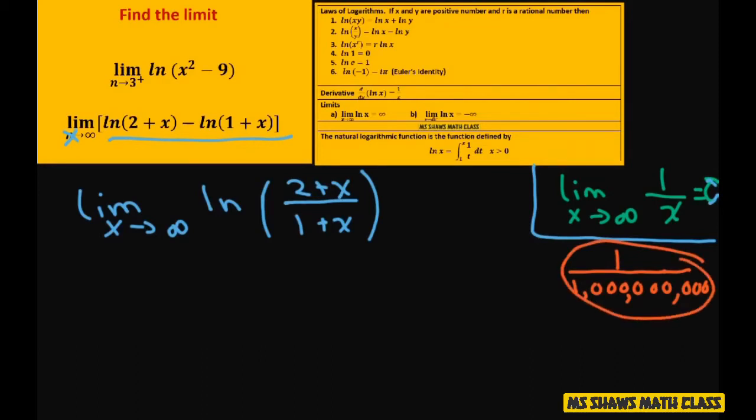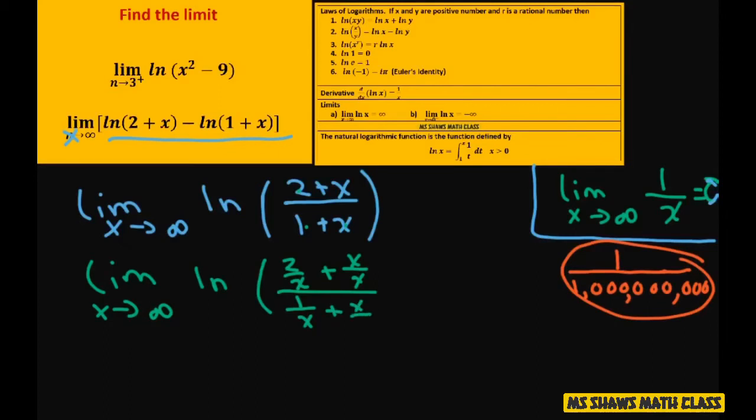So the trick is to divide each of these terms by x. I'm going to rewrite this as the limit as x approaches infinity of ln, and I'm going to divide each of these terms by x. So you're going to get 2 divided by x plus x divided by x, over 1 divided by x plus x divided by x.